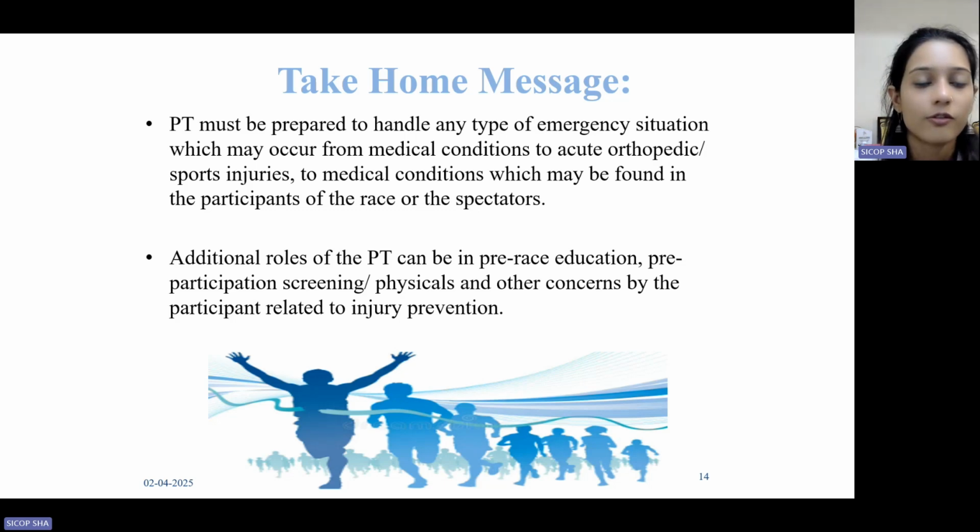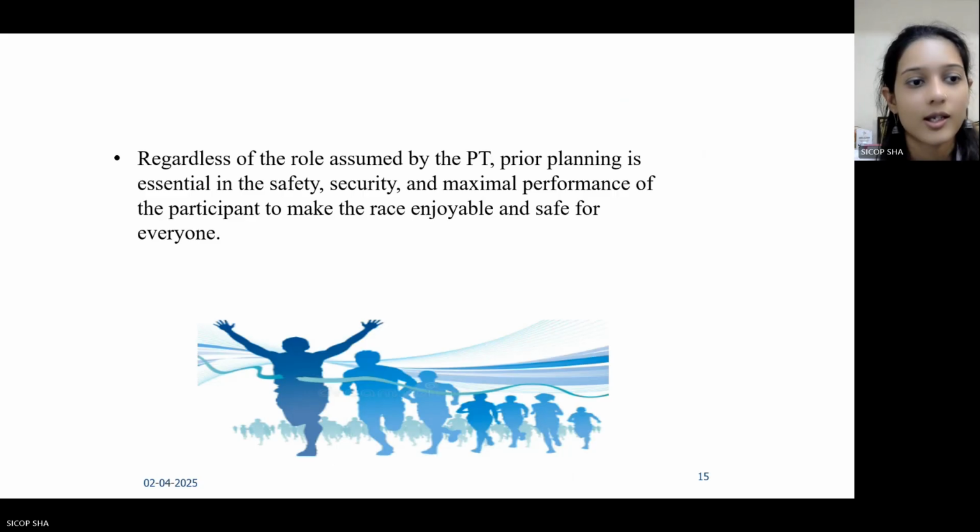Additional roles of physiotherapy can be in pre-race preparation or education, pre-participation screening, physical, and other concerns related to injury prevention. Regardless of the role assumed by a physiotherapist, prior planning is essential in safety and security and maximizing performance of participants to make the race enjoyable and safe for everyone.